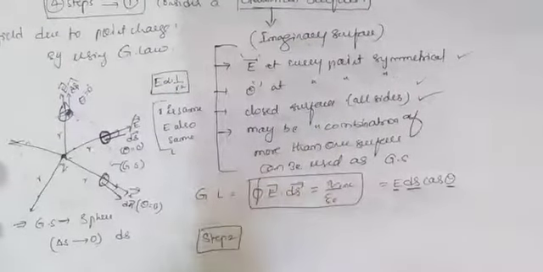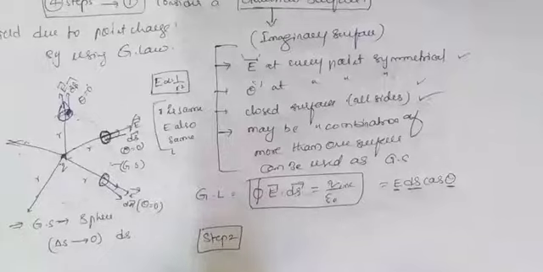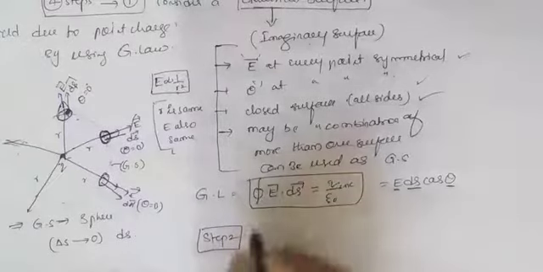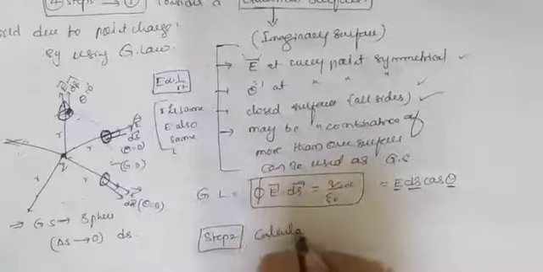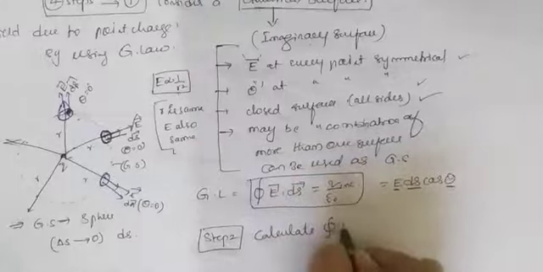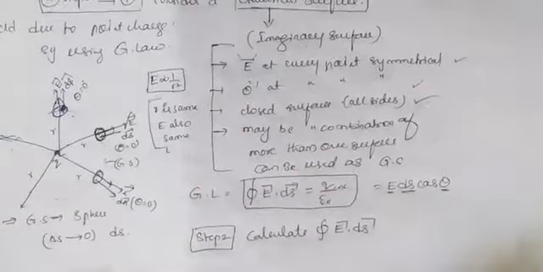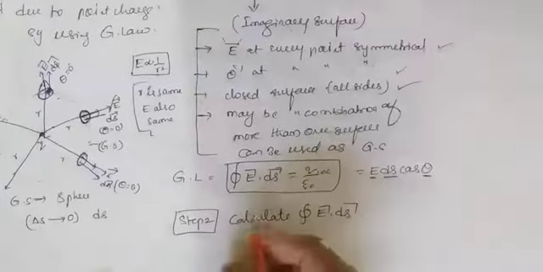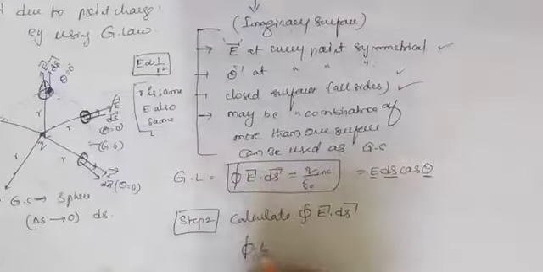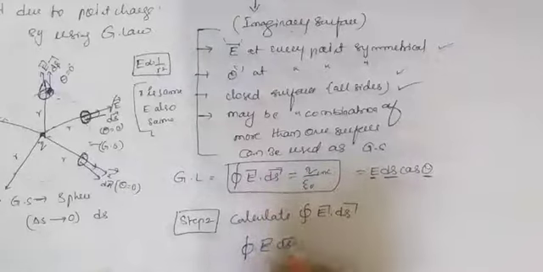Now the second step is, we have to calculate the left hand side, that is E bar dot ds. So we have to calculate the closed integral of E bar dot ds bar. Now, at every point here the angle between those two is 0, so cos 0 is 1.